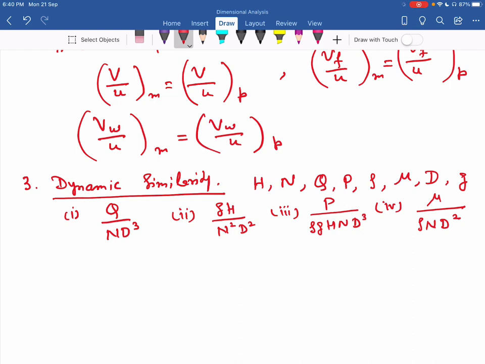Now, in case of pumps and turbines, as the velocity is very high, there is no concept of Reynolds number, so there is no effect of viscosity in the flow. We can neglect the fourth term, so we are left with term 1, term 2, and term 3.